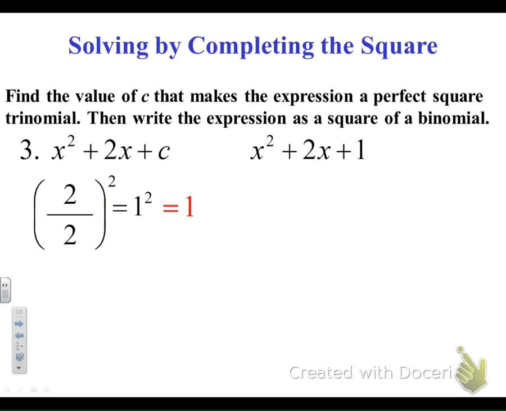If I put the 1 in place of c, what multiplies to 1 but adds to give you 2? It's a positive 1 and a positive 1. So this will turn into the binomial x plus 1, quantity being squared. What's nice about this is if I can do this in a problem, I could use the square root method to get rid of this and solve a little bit easier.